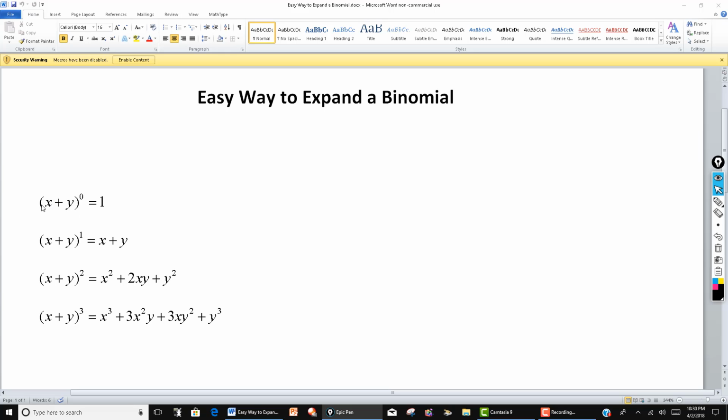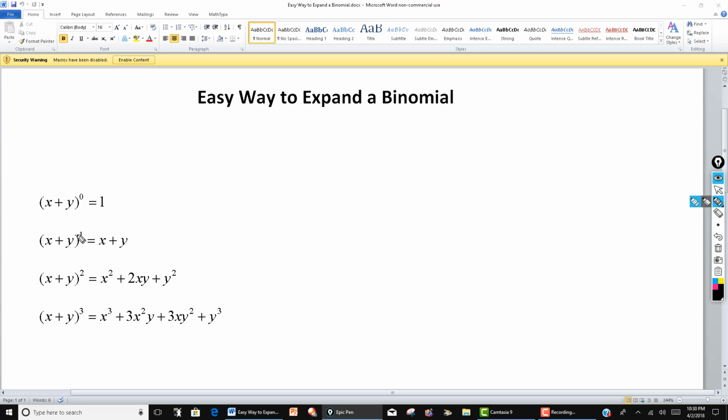It could be 3x squared plus 5y to the third. Okay, they're just terms. It doesn't have to be just an x or a y. But just for the sake of this argument here, we're using x for the first term, y for the second term. Okay, so x plus y to the 0 power, straightforward, is equal to 1.